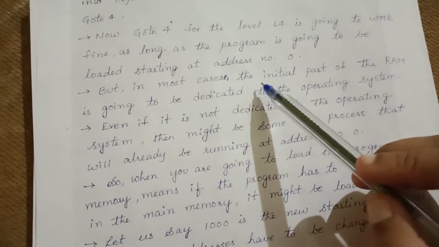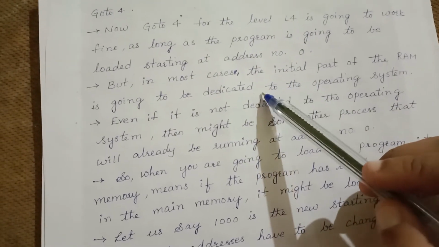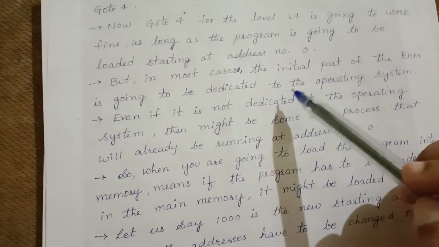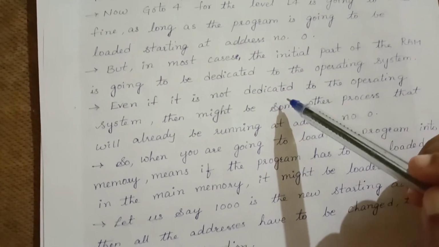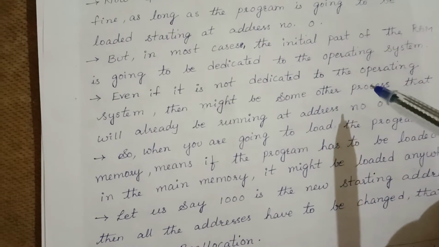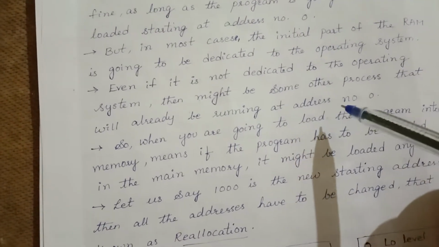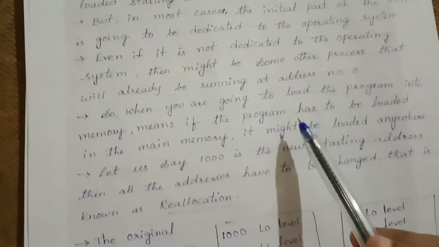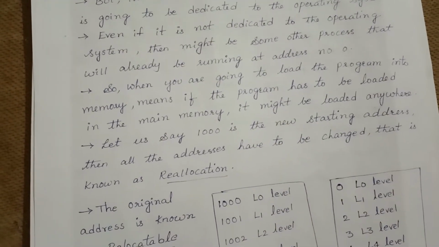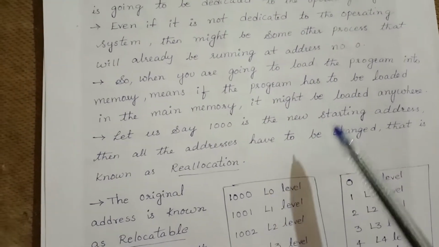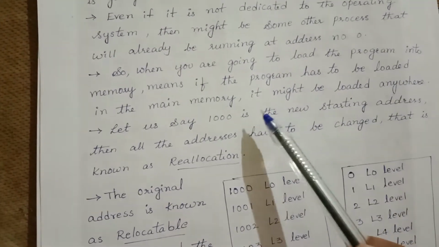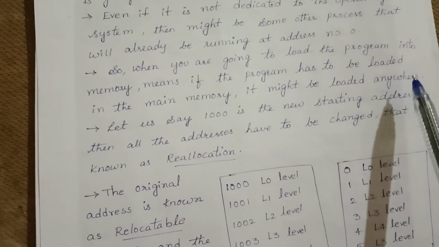But in most cases, the initial part of the RAM is going to be dedicated to the operating system. Even if it is not dedicated to the operating system, there might be some other process that is already running at address number 0. So when we are going to load the program into the memory, it might be loaded anywhere.